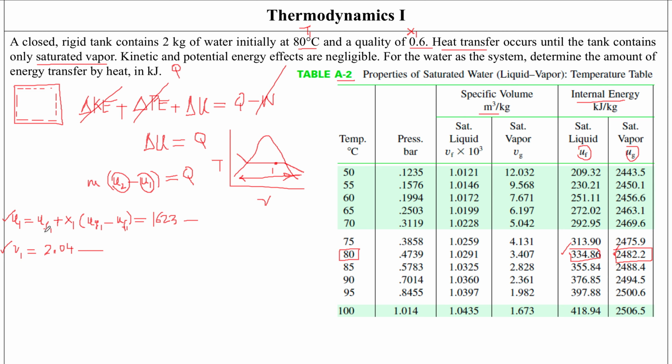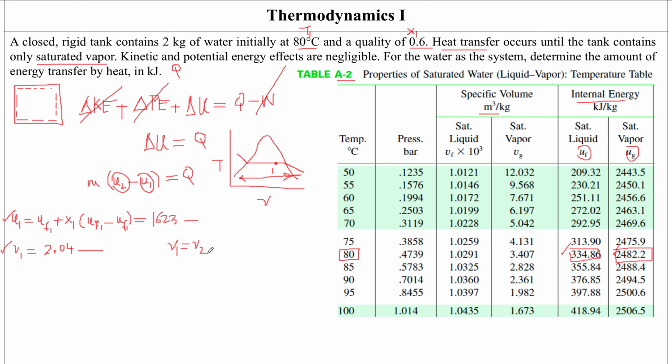So now that you've got this, because you need to find out U2, but you can't find out U2 right now because the only information that you have is that it's a saturated vapor, and the other information now that you have is that you assume that the volume is constant. That means V1 is equal to V2, so specific volume is constant as well.